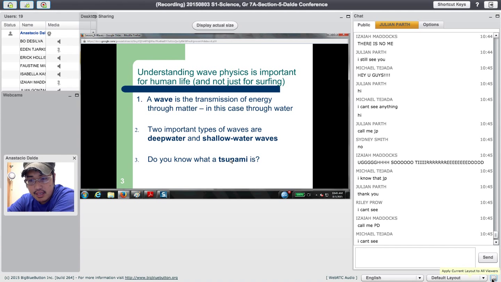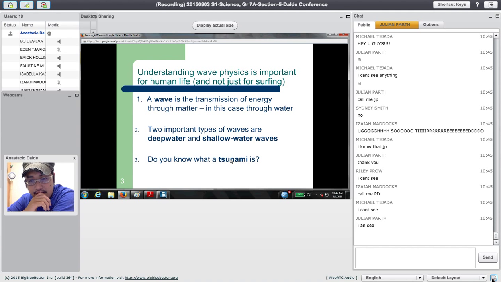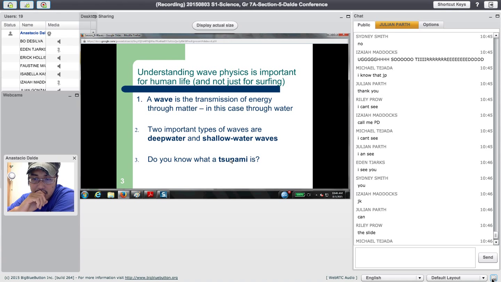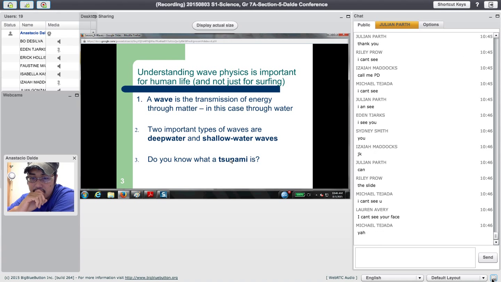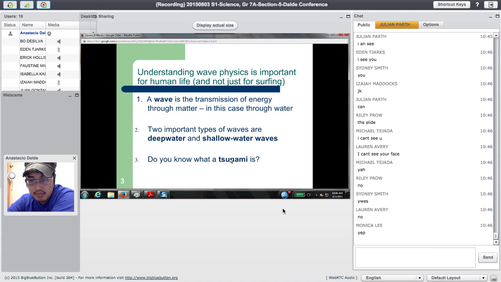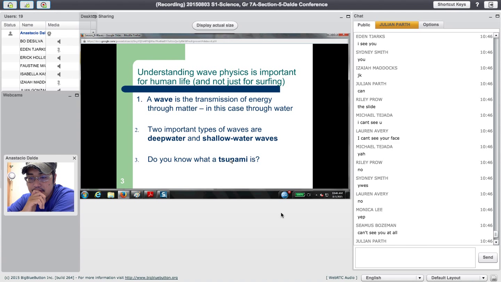What is it that you can't see? Oh, you can't see me. Oh, I made my camera really small. Can you see the slide? The slide is what's important right now. No, no, yes, no. Okay.